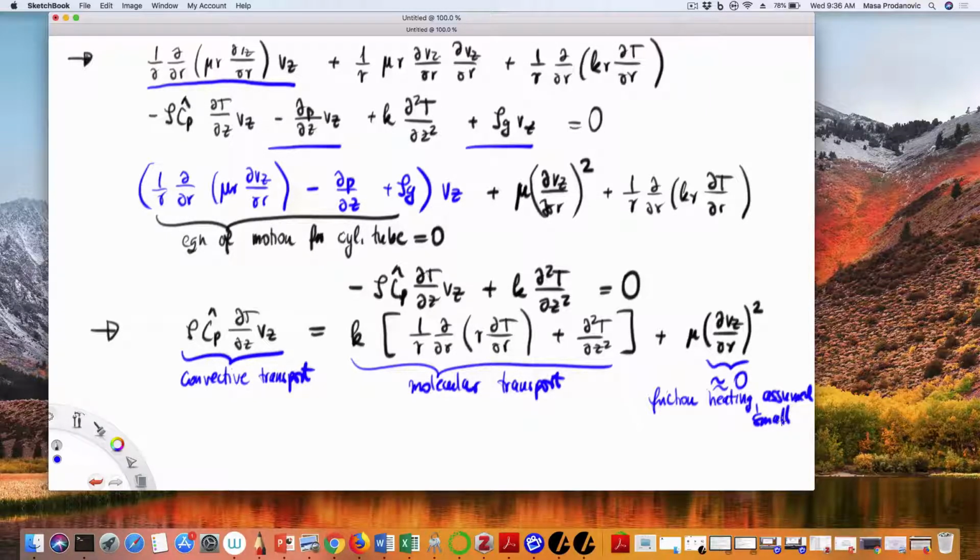And then in the r direction, I have the actual heating. So once that is done, then you can actually solve this analytically. Let me write that down. Even with dvz dr assumed 0, we cannot solve analytically.